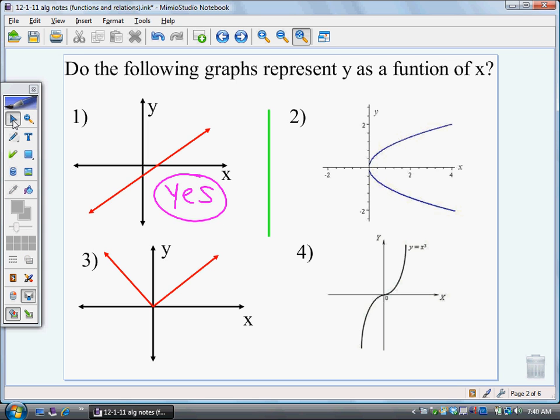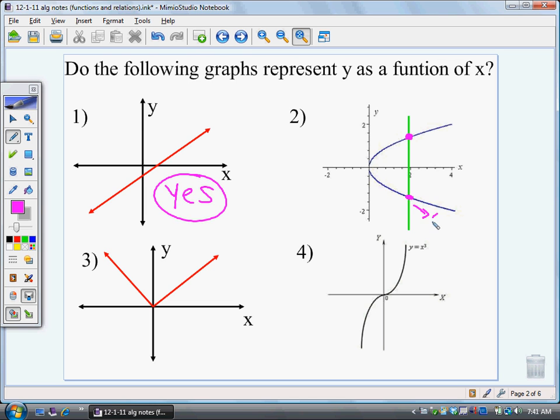On example 2, if I bring this green line over here, you can see starting pretty much right there and going everywhere as we go across, there are plenty of places where there are 2 points. These 2 points each have the same x coordinate.